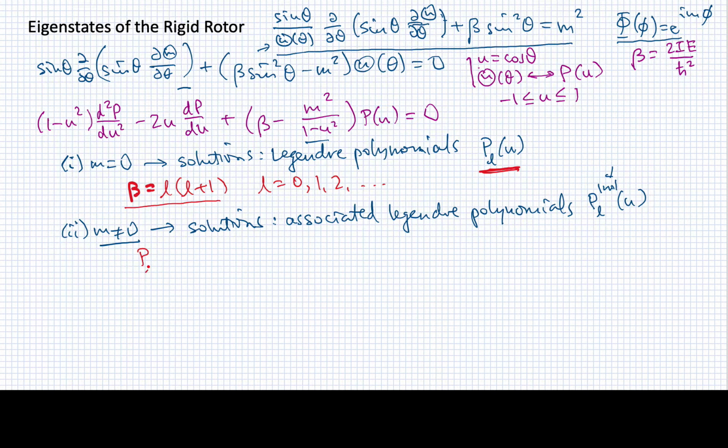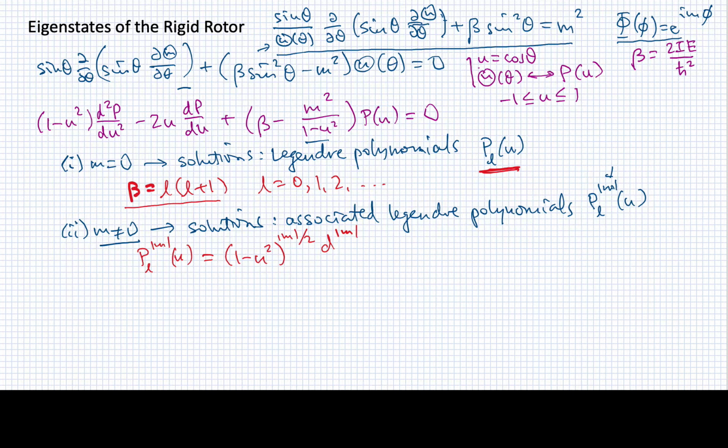If I want to know the Legendre polynomial for a particular value of m, what I would do is calculate 1 minus u squared raised to the magnitude of m over 2, so it's the square root of this thing raised to the magnitude of m, and then I've got to take the mth derivative.